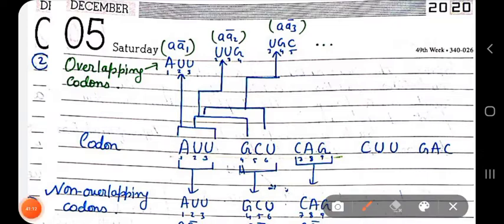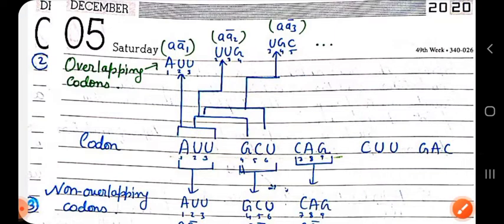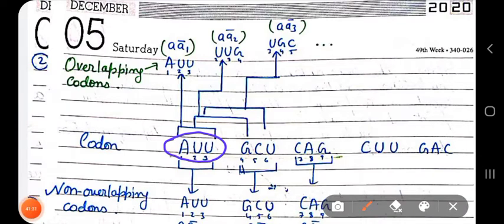I have given a little bigger gap here to make it easier to understand, but actually the codons are located right next to each other, and that would be confusing, so I made a gap. You can see AUU. The AUU codon codes for a particular amino acid. Very good.